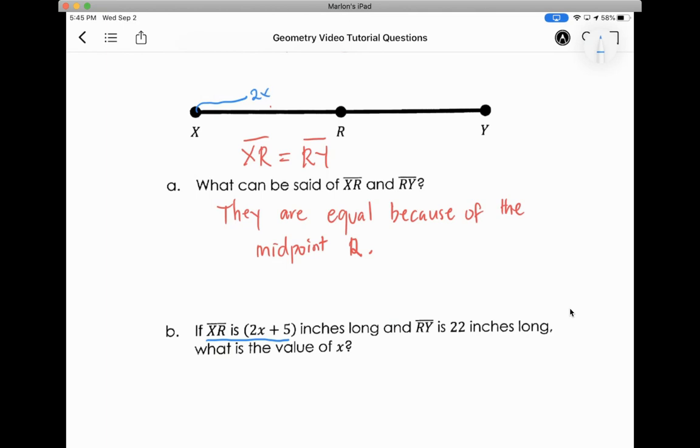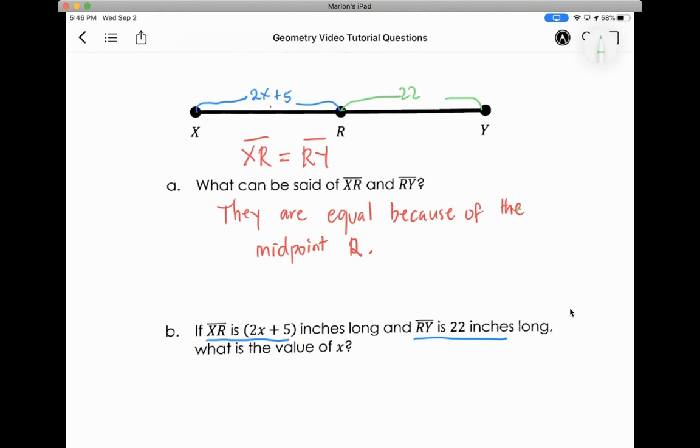And RY is 22 inches long. So let's use a different color for that. My RY is 22 inches long. What is the value of x?